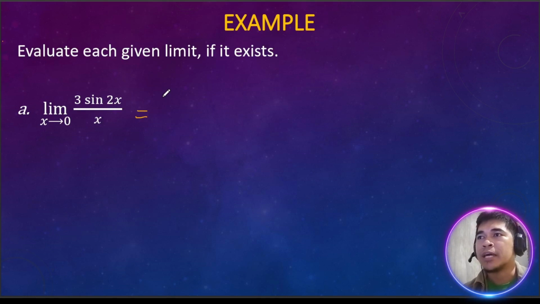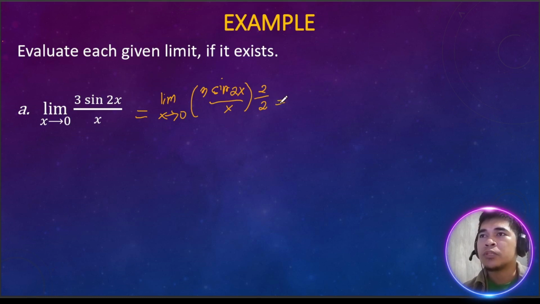So, we got limit 3 sine 2x over x times 2 over 2 as x approaches 0. So, ang 2 over 2, that is a technique. Actually, ang 2 over 2, that is only equals 1.